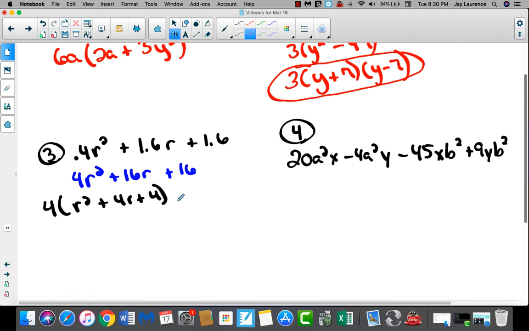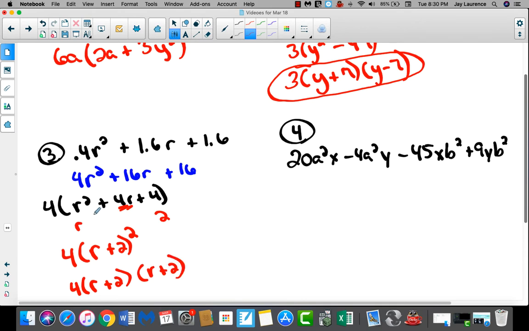I think it is because the square root of this is r, and the square root of this is 2, and 2 times r doubled is 4r. So this is going to factor as 4 times r plus 2 squared. Or alternatively, you could have written it the other way, and it would be considered the same thing. Now some of you are saying, well, I didn't notice it was a perfect square trinomial, so I just listed the factors of 4 and did it that way. Well, that's fine. You get the right answer. That's not a problem.